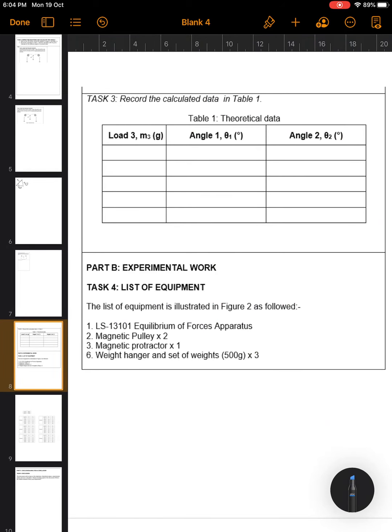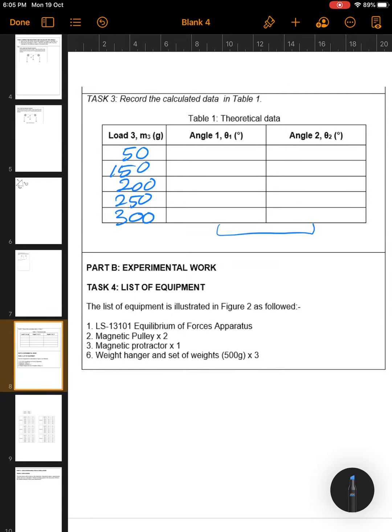After you have the equation, you can change M3 to 50, 150, 200, 250 and 300, and find the angle for theta 1 and theta 2 and record the data here.